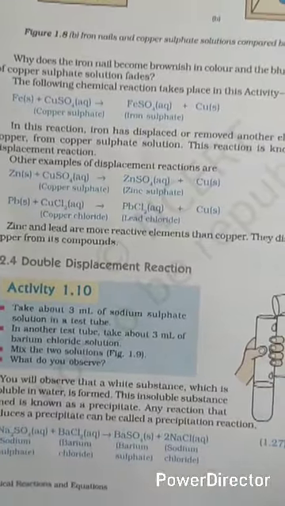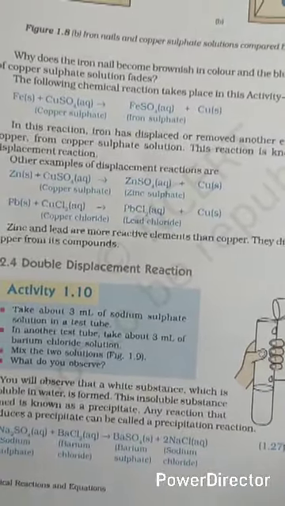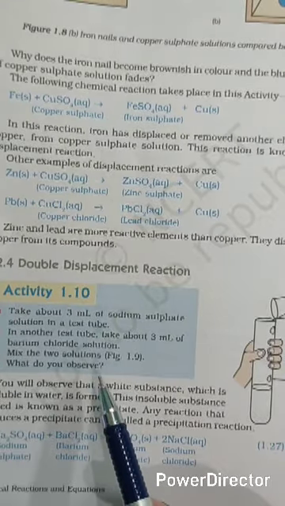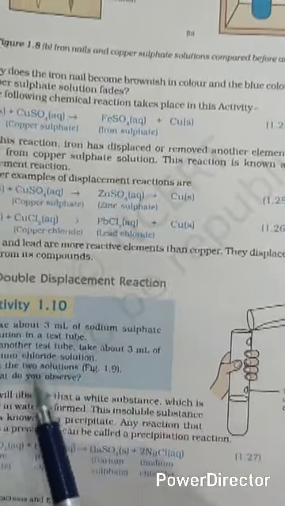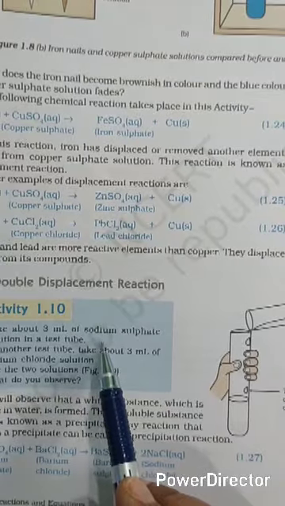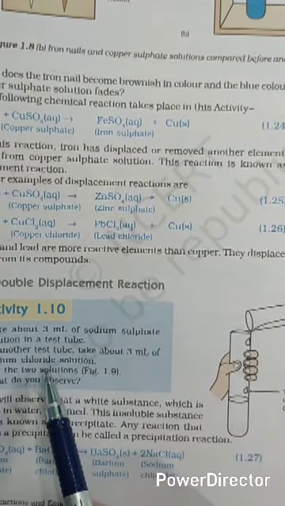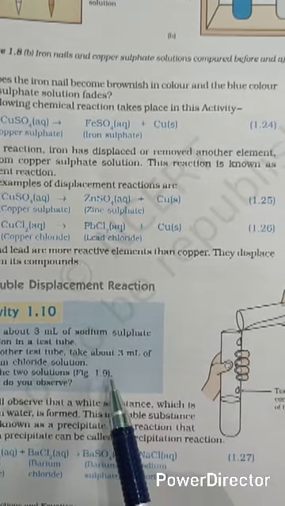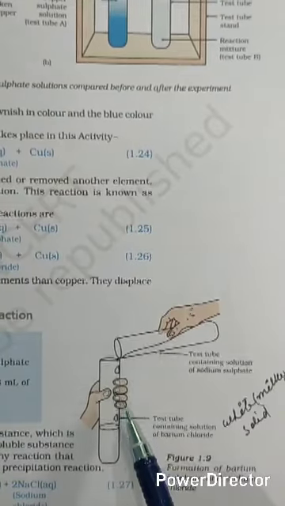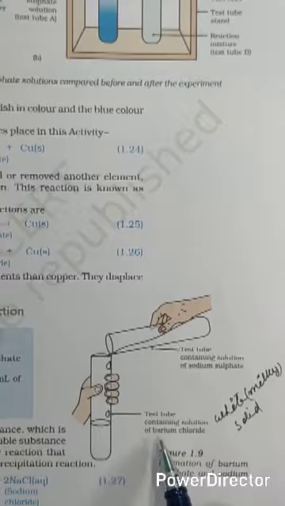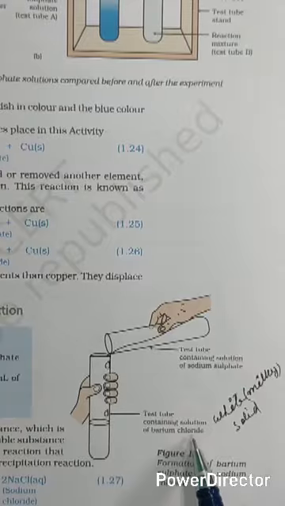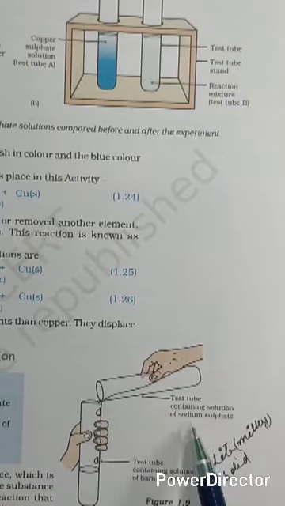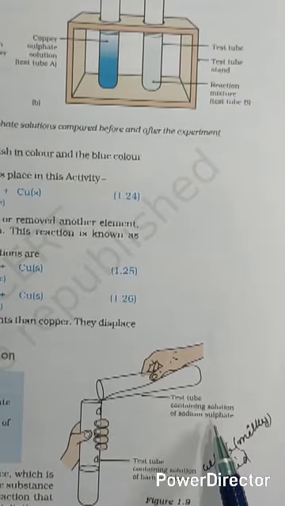Now come to the 1.10 activity. Activity 1.10. In this activity, we have to take 3 ml sodium sulfate solution and 3 ml barium chloride solution. In one test tube we take 3 ml barium chloride solution and in another test tube 3 ml sodium sulfate solution.